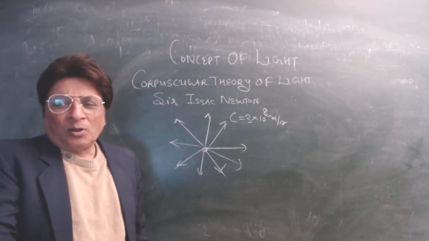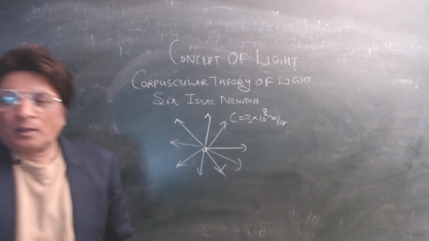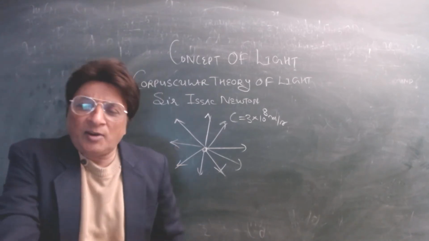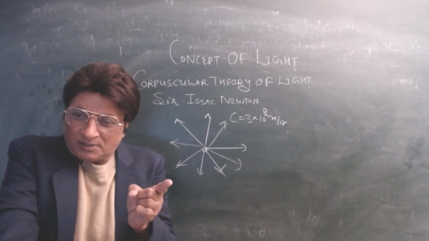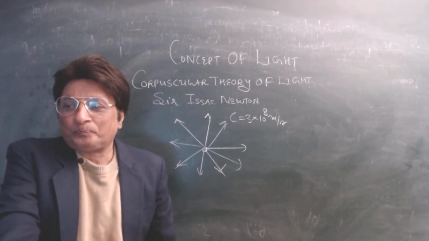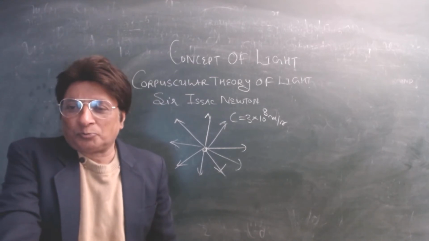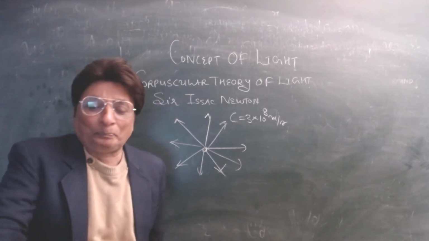So the corpuscles have an elastic collision. Means one corpuscle has an elastic collision with another corpuscle, and due to inertia they travel in a straight line.